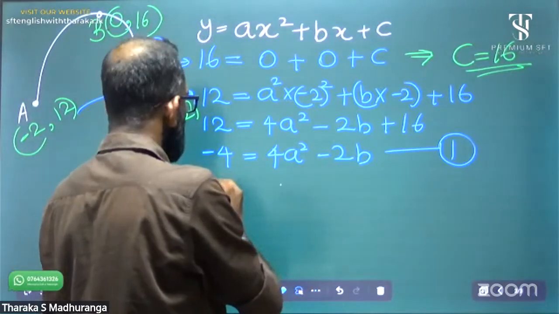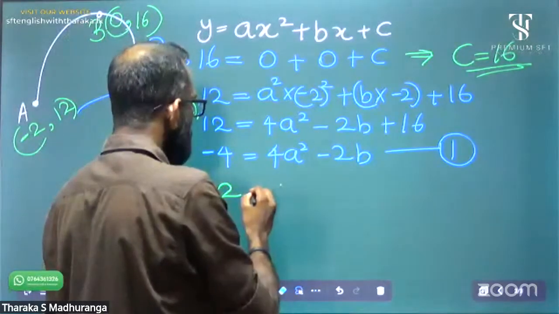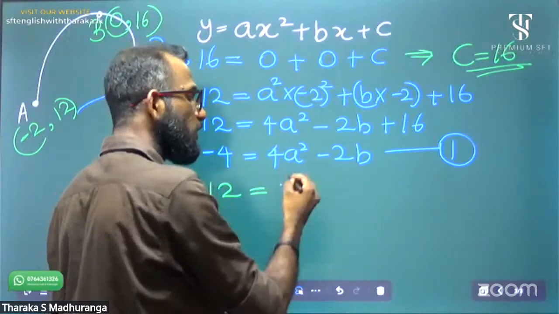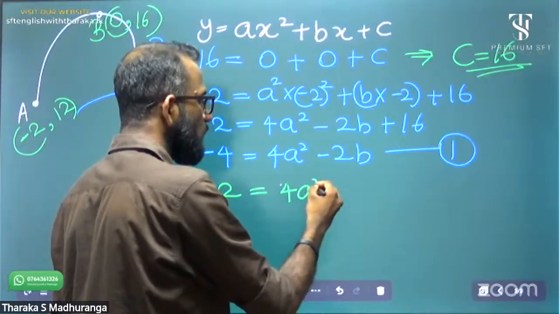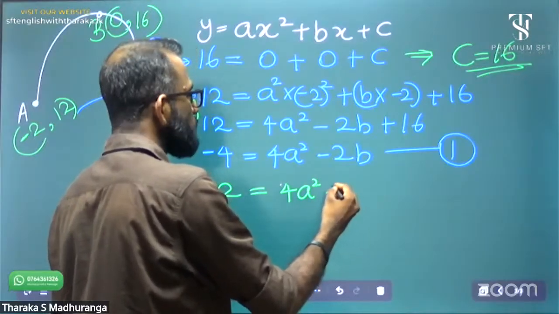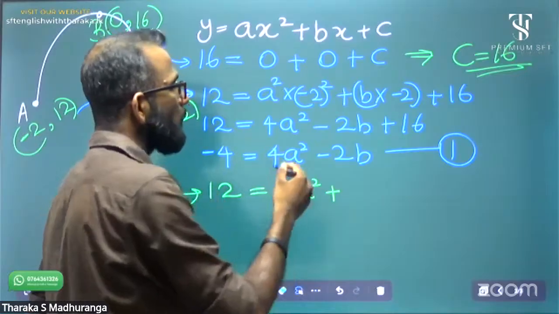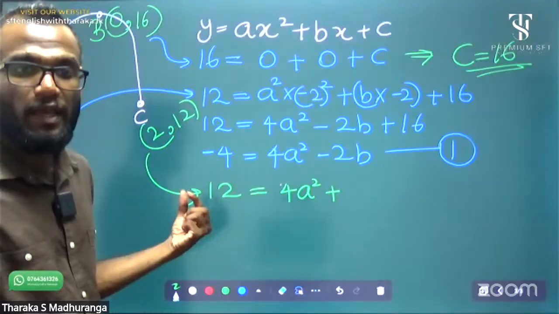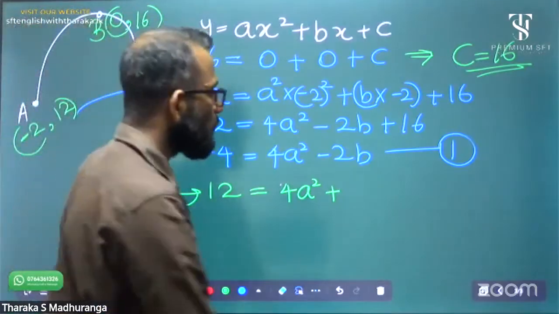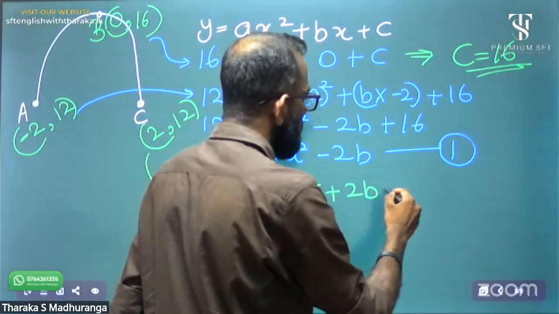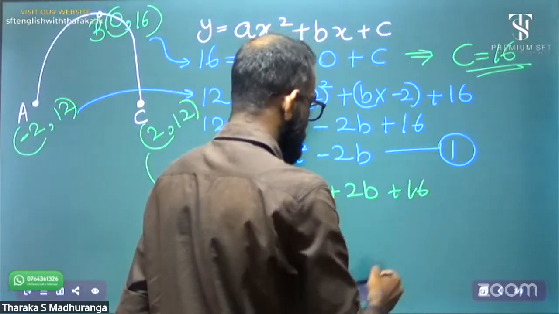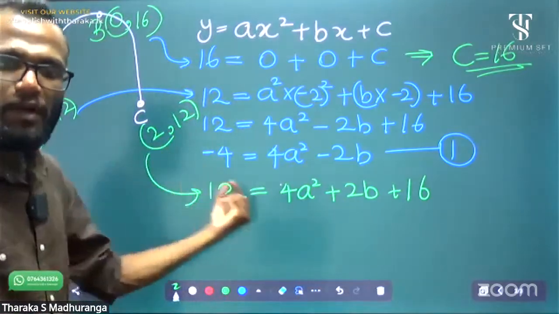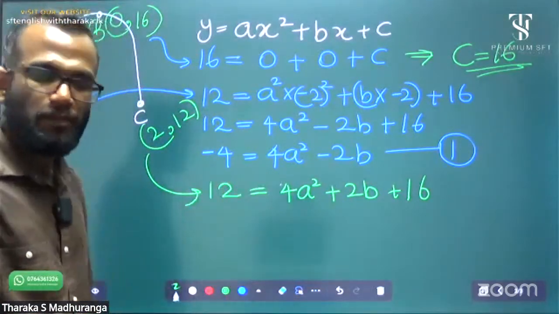Finally, you can take the remaining point and substitute. Now 12 equals a times x squared, where x is 2, so it is 4a, plus b times x, where x is 2, so it is 2b, plus 16. The remaining point also I am going to substitute.